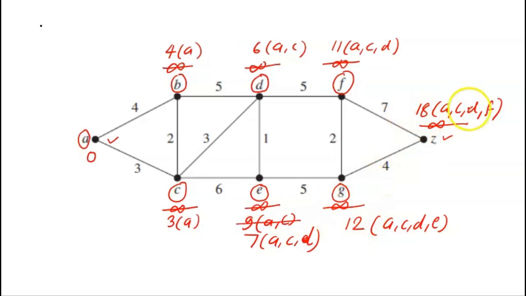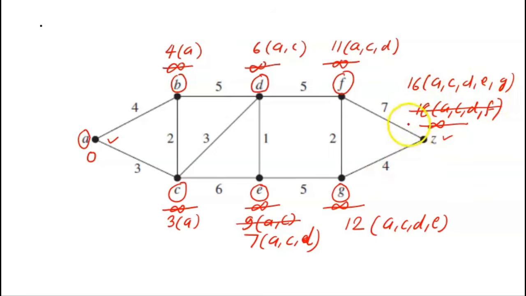But the earlier assigned label is 18. 16 is less than 18, so I am going to cross it and write 16, and here I will write A, C, D, E, G, right? So it means we have arrived at Z through this path.